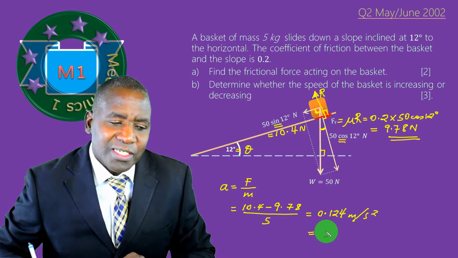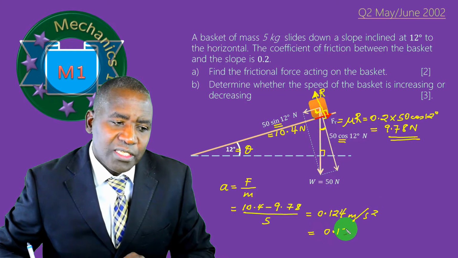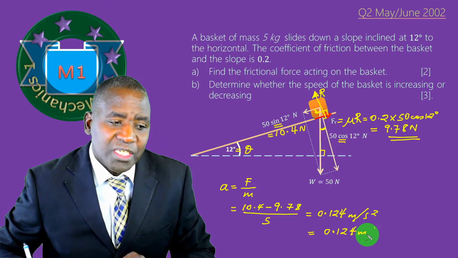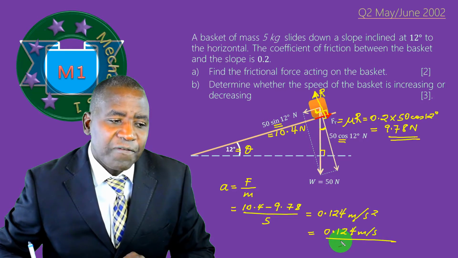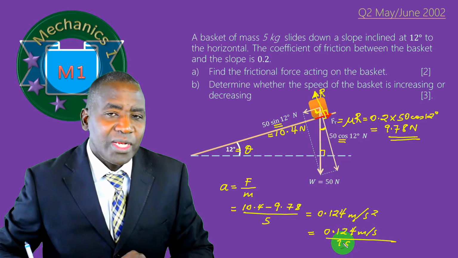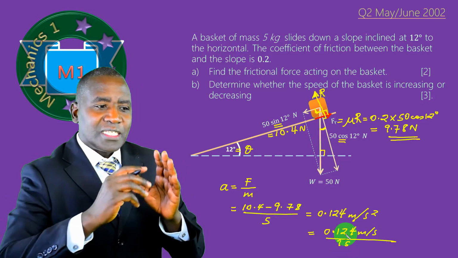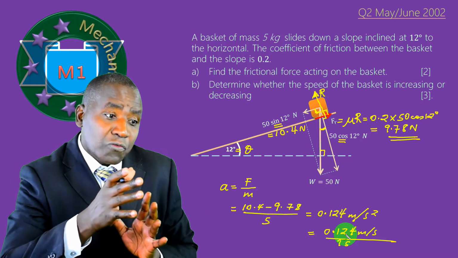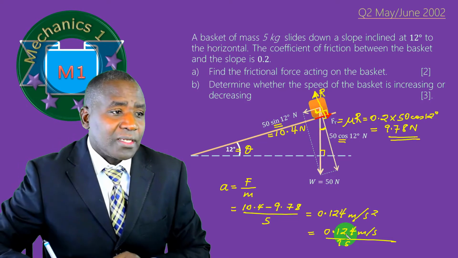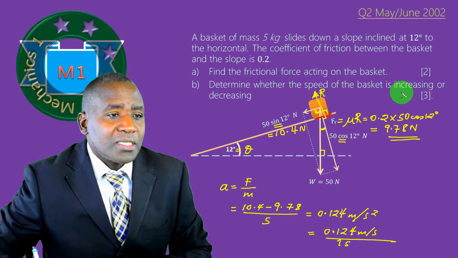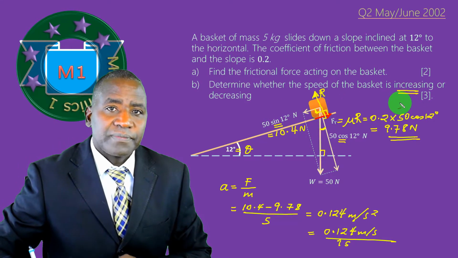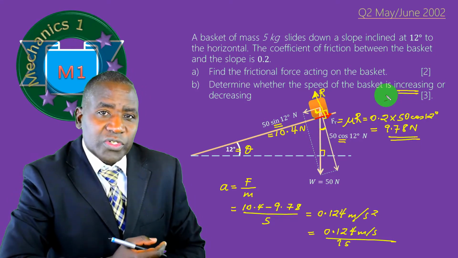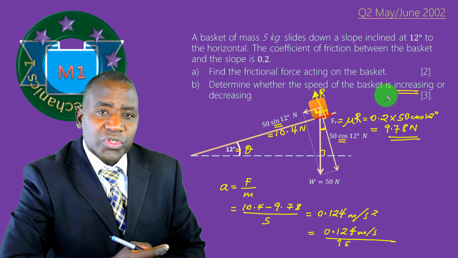This means that the velocity of the object is increasing by 0.124 meters per second every second. And I've already answered that question. The speed of the object is increasing by 0.124 meters per second every second, and therefore it is increasing. And that is how you would tackle that question. Let's go to question 3.